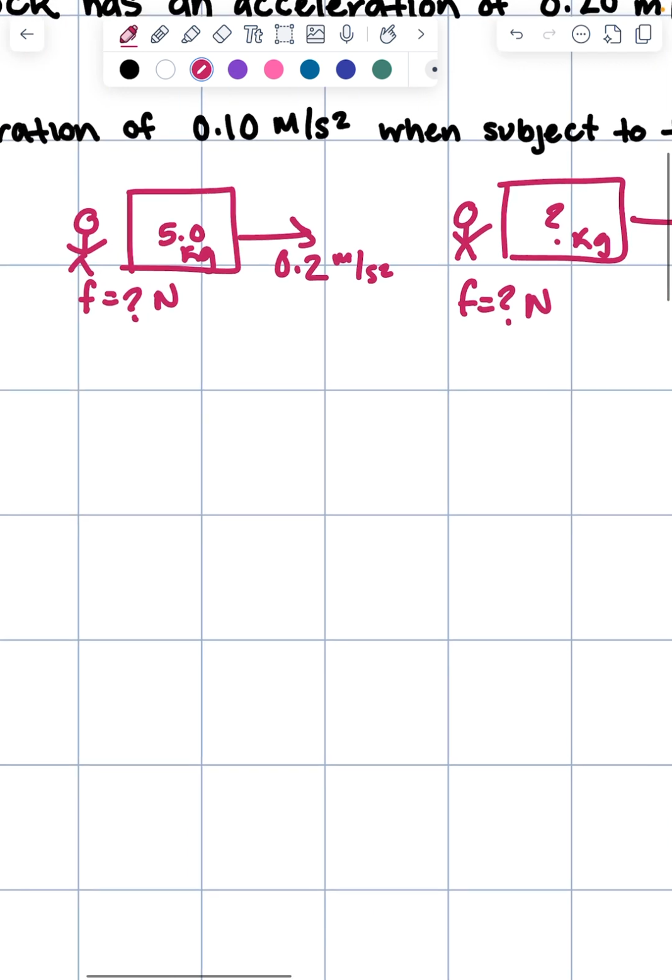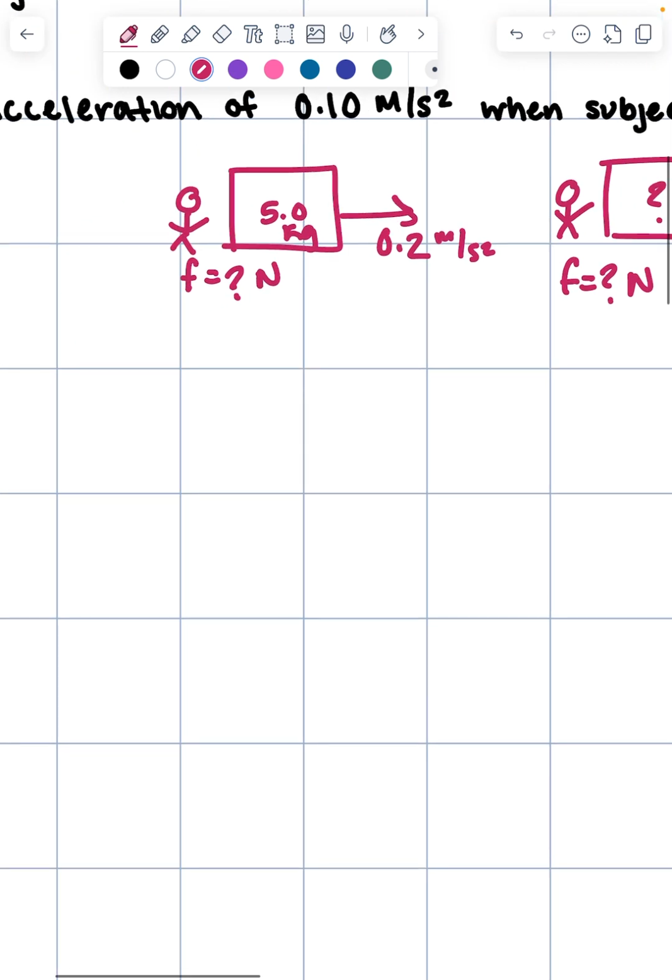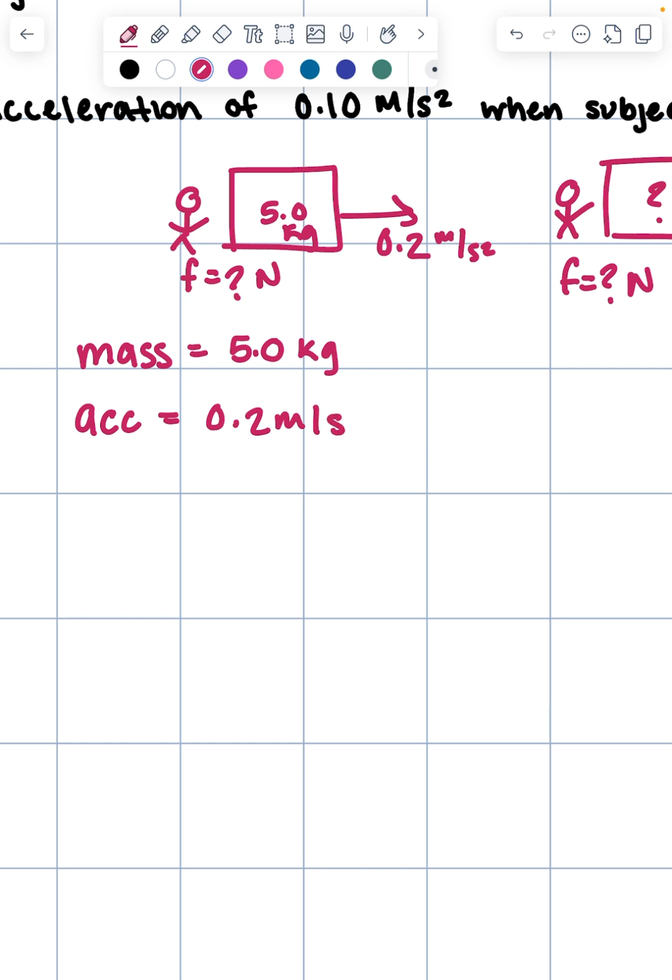So starting with block 1, we know that we have a mass of 5 kilograms, an acceleration of 0.2 meters per second squared.